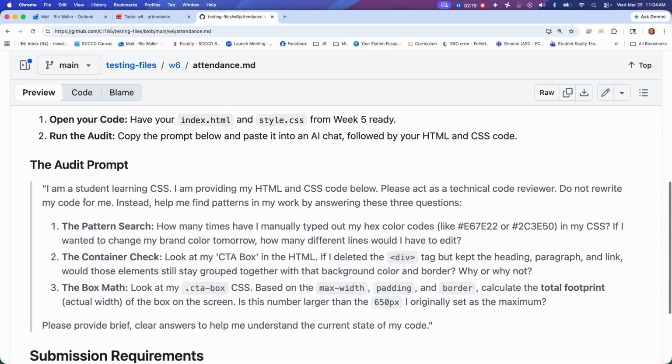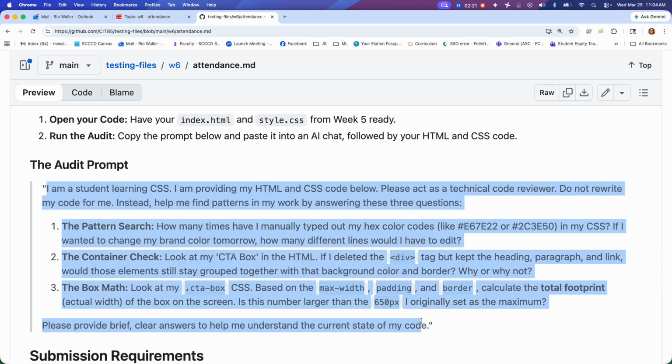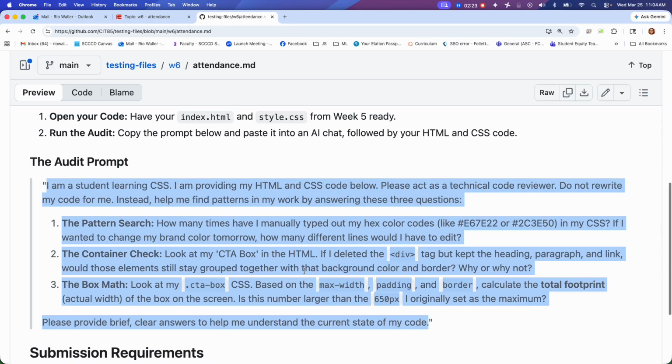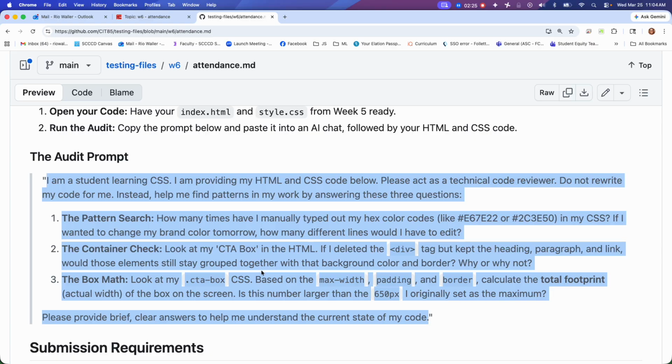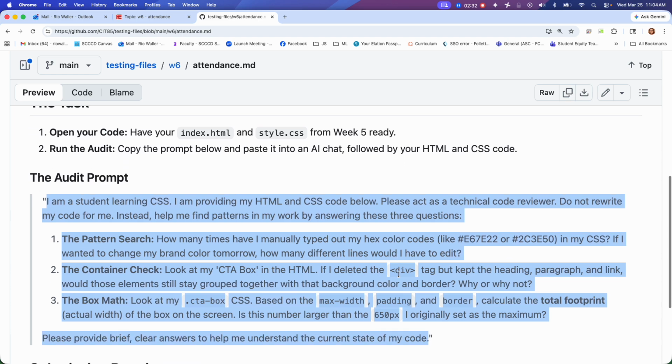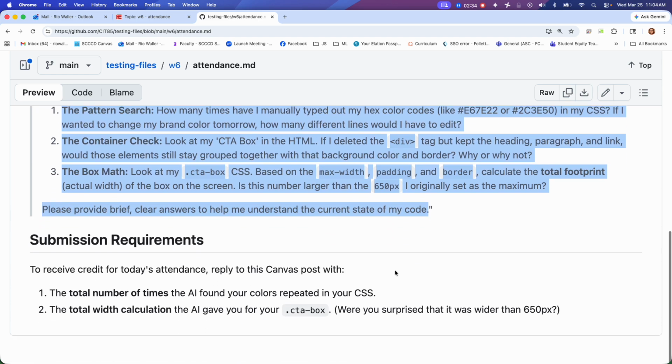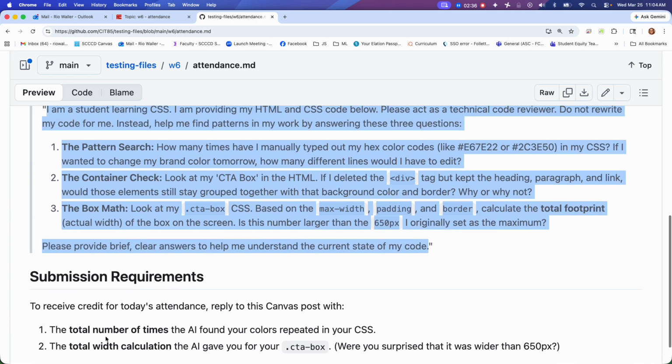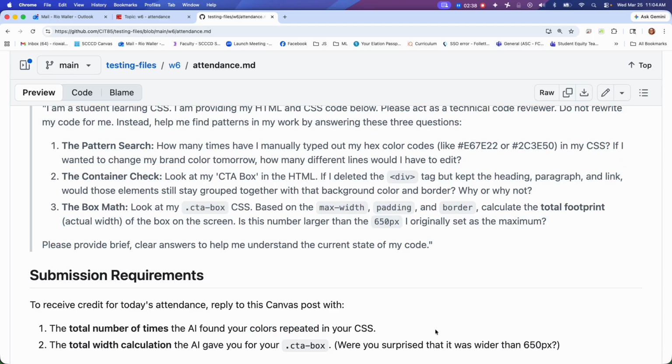So here's your prompt, and you'll copy this. Then, like with Gemini, I can just have it put the files, or you could copy and paste your HTML and your CSS from your ending project work. And then you're going to interact. So, the total number of times AI found colors repeated.